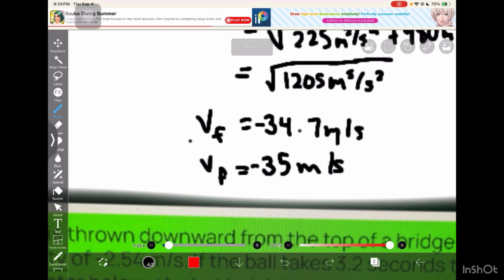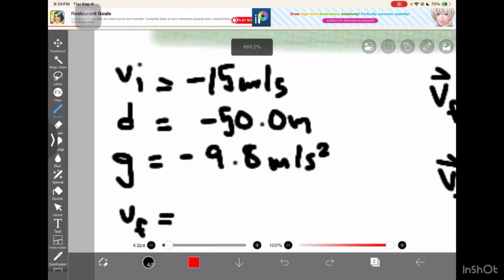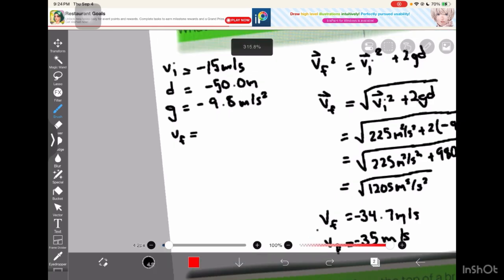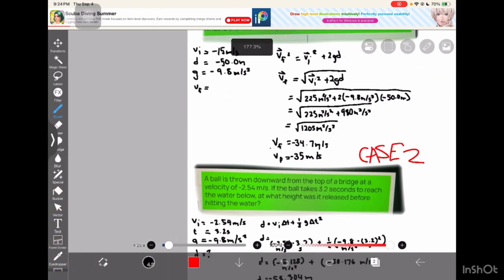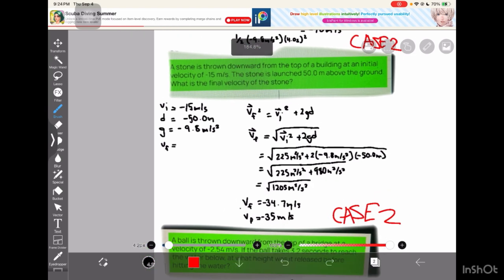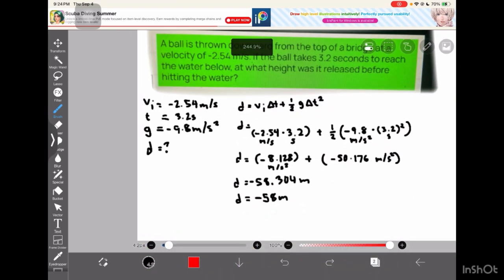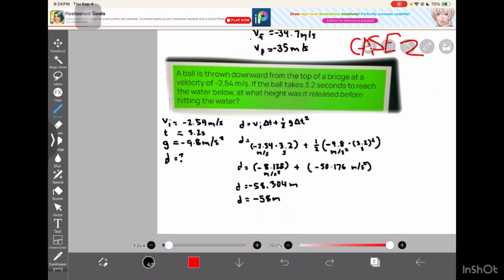But if we follow the SFs, based on the givens we have 2 SF, 3 SF, and 2 SF, therefore we follow 2 SFs, which is 35 meters per second. Now that you know the concept of case 2, you are free to explore this second case 2 that we have here.